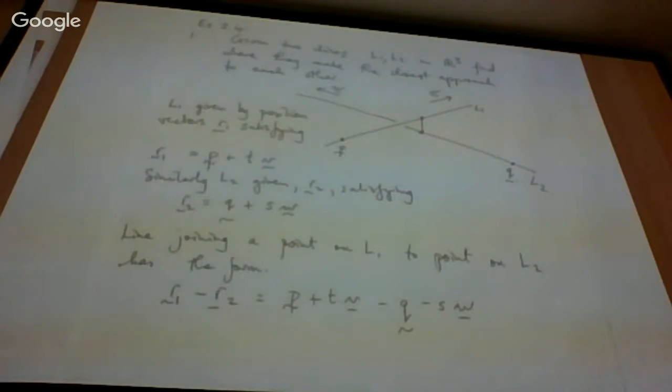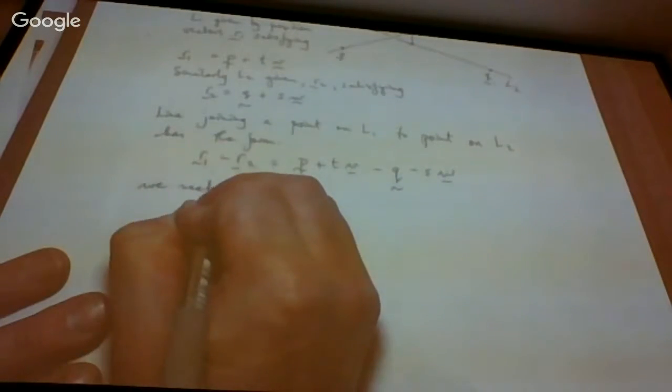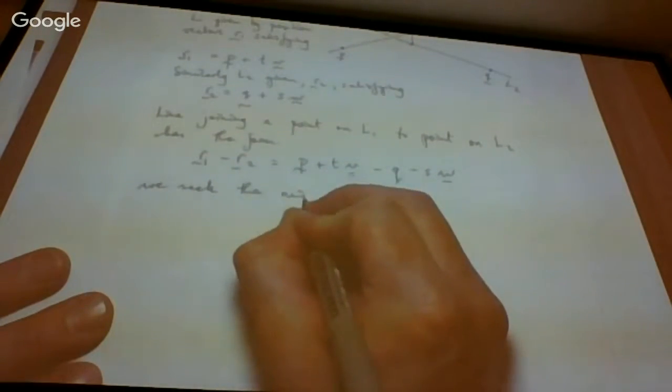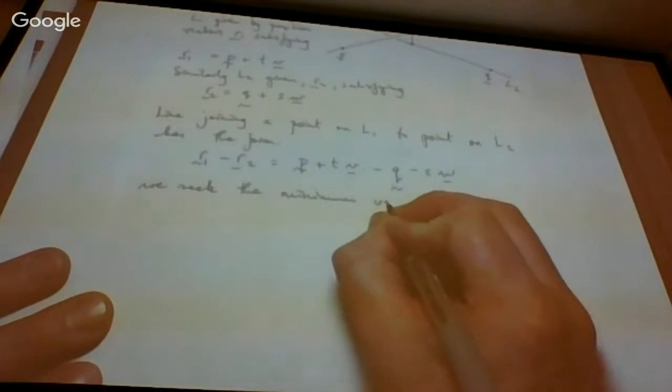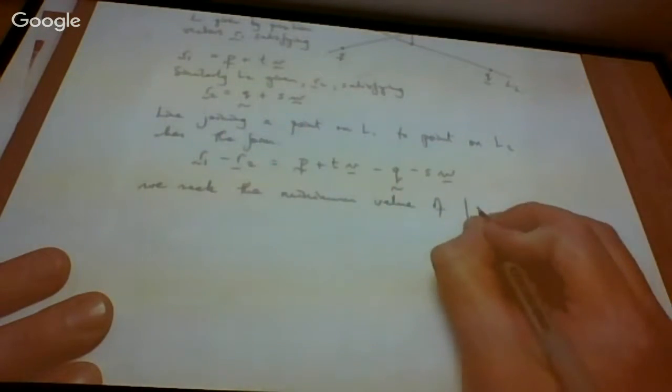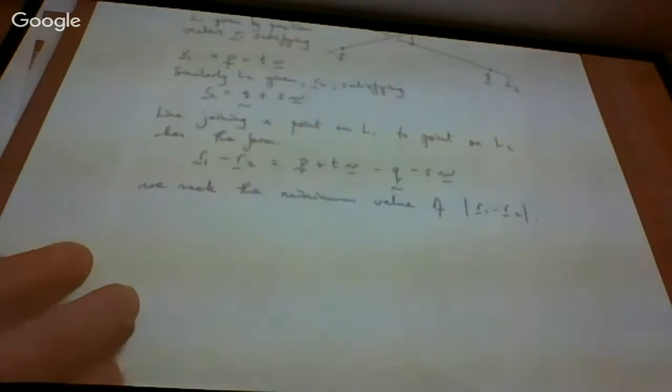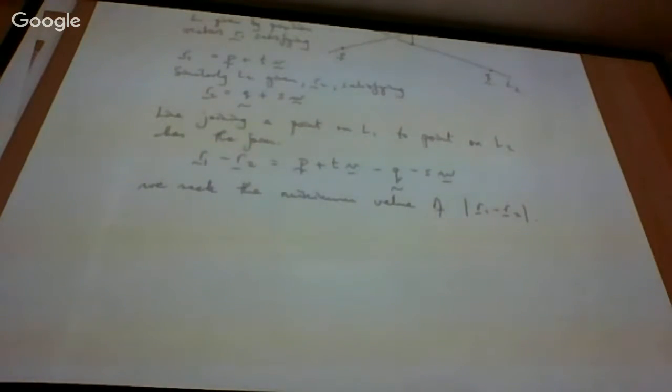Now we seek the minimum distance of this line. We seek the minimum value of the magnitude of R1 minus R2. If we had the individual coordinates of R1 and R2, we could use the Pythagorean formula for the magnitude of the vector, namely the square root of the sum of the squares of the components.